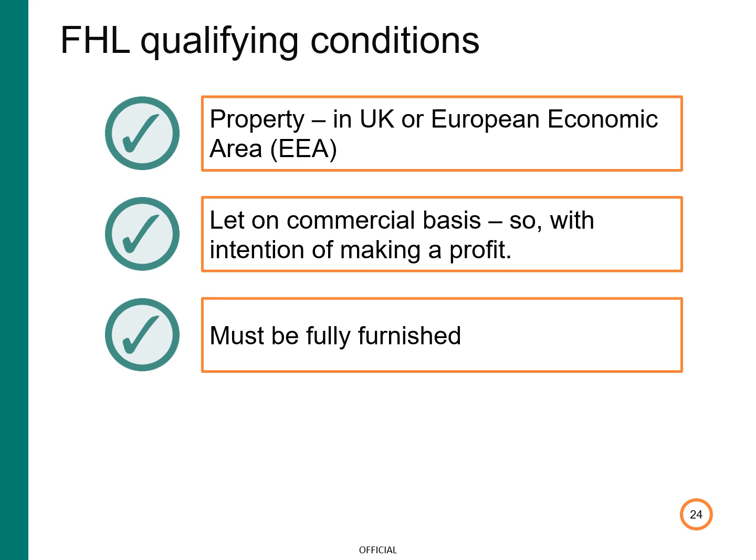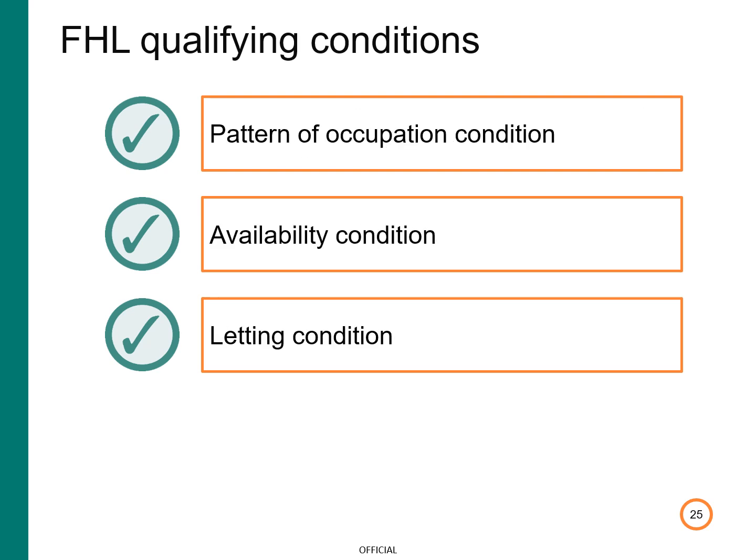To qualify as an FHL, firstly, the property must be in the UK or European Economic Area or EEA. It must be let on a commercial basis, so with the intention of making a profit, and it must be fully furnished. There are three further conditions which must all be met for a property to qualify as an FHL.